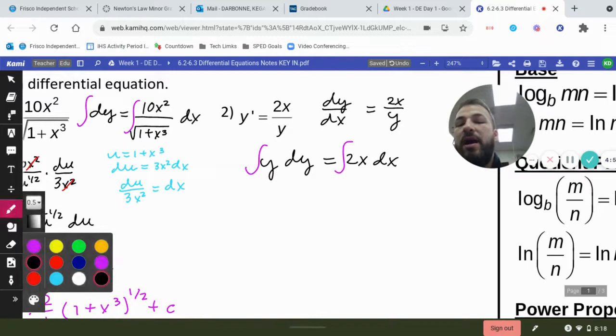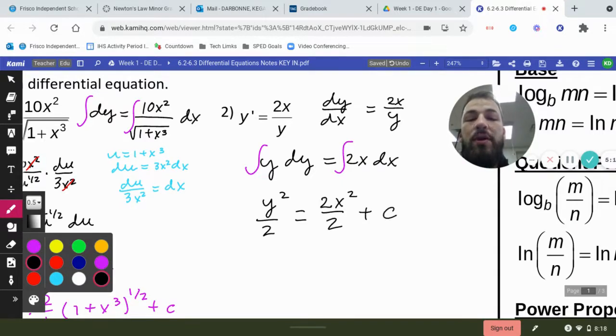On the left side, instead of getting just y, now I get y squared over 2. And over on the right side, 2x becomes 2x squared over 2. And then, of course, plus c. Now, I can technically, at this step, leave my answer like this.